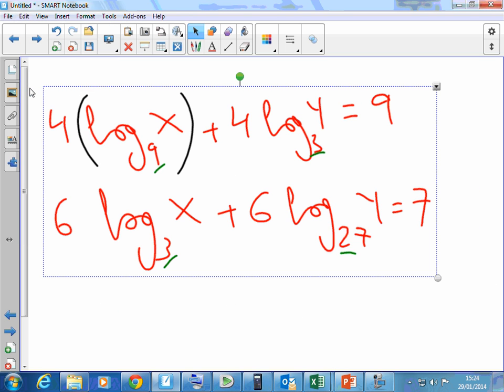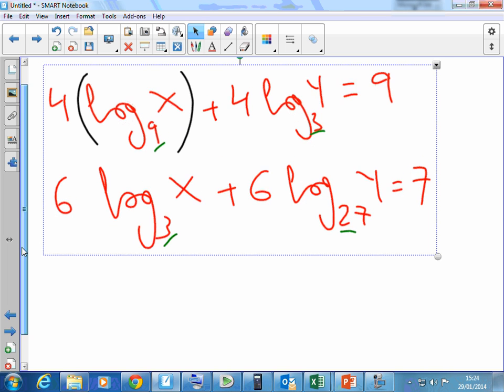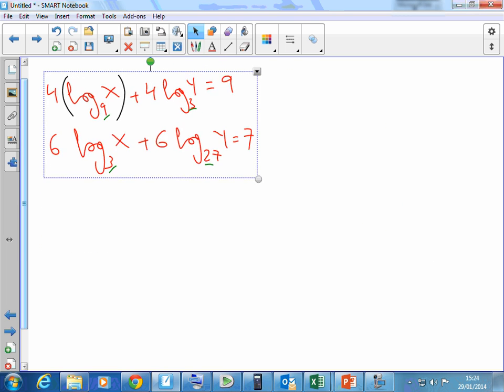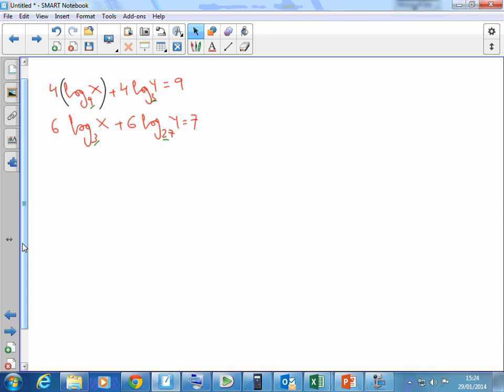Okay, there we go. Now, the little technique is actually to change it to the lowest base. So in this case, the lowest base is the base 3. So I'm going to apply my change of base formula. This one, let me just shrink this so we can see. This one on the top becomes 4.